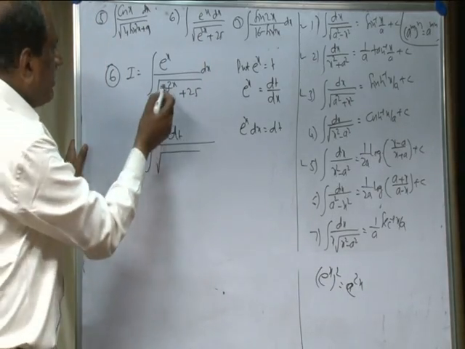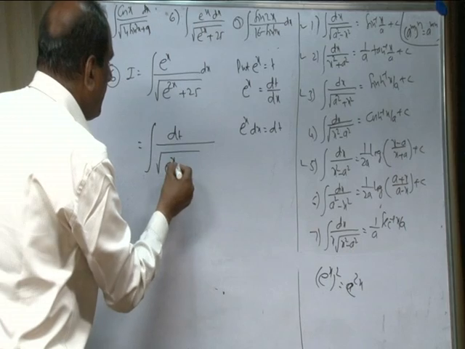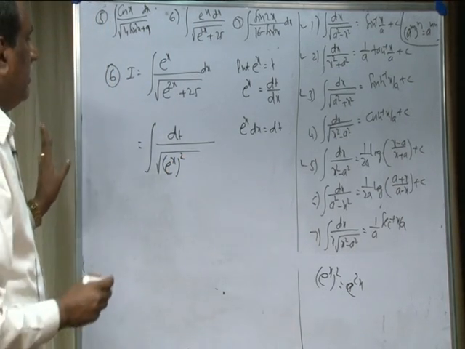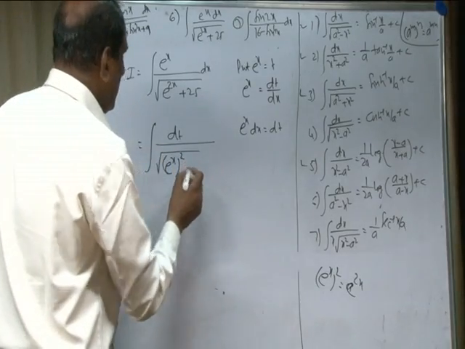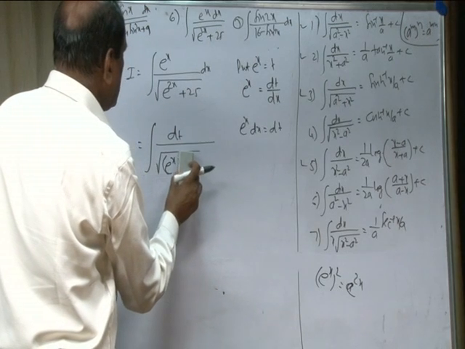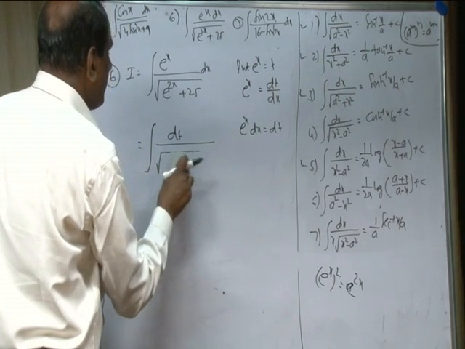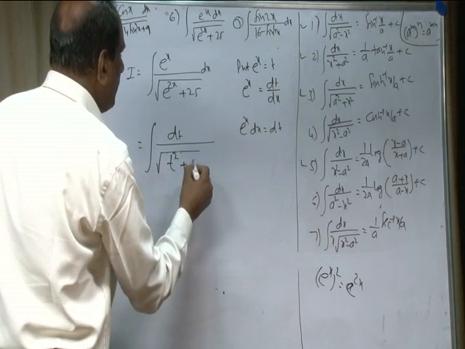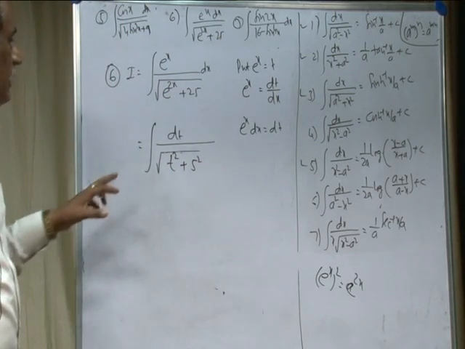Therefore, we can write this as e power x whole square. What is e power x? E power x is t, that is t square, plus 5 square, in the changed variable t.